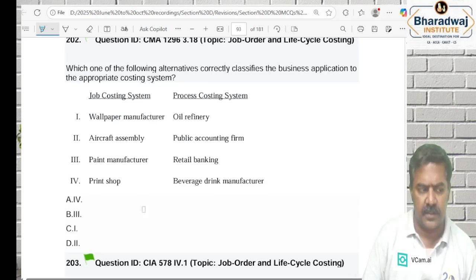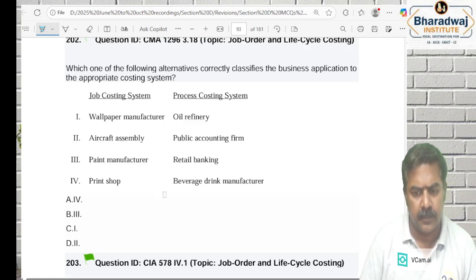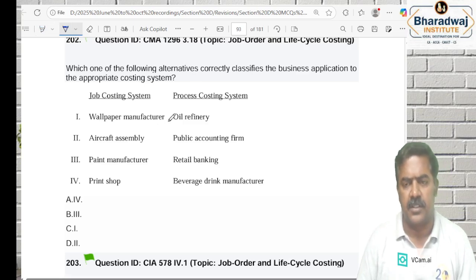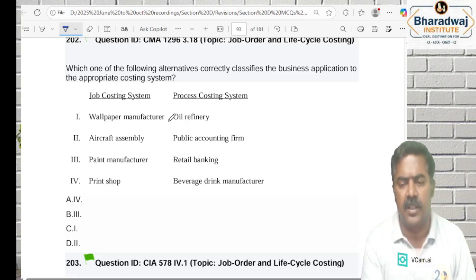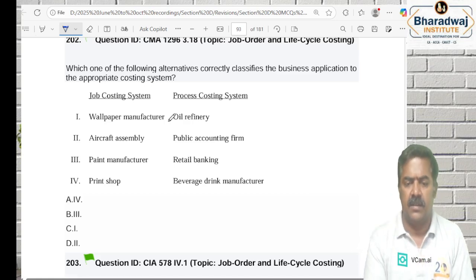Correctly classifies. Wallpaper manufacturers, they have got their own standardized designs only.